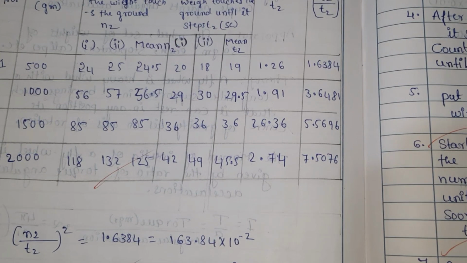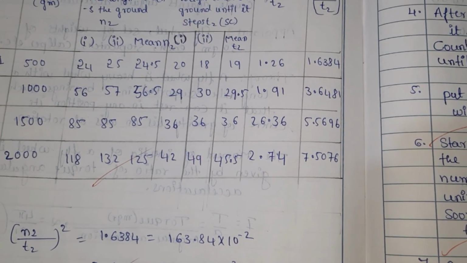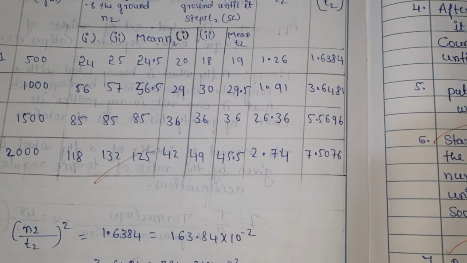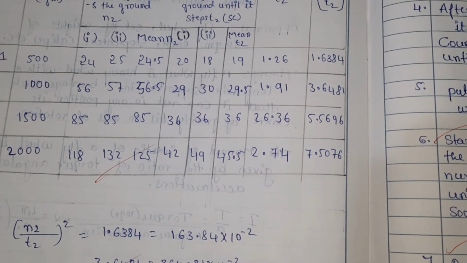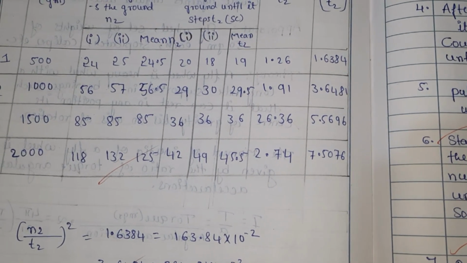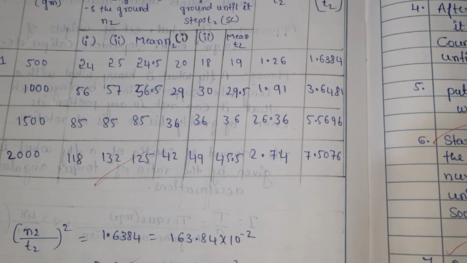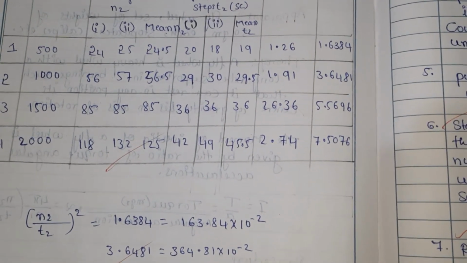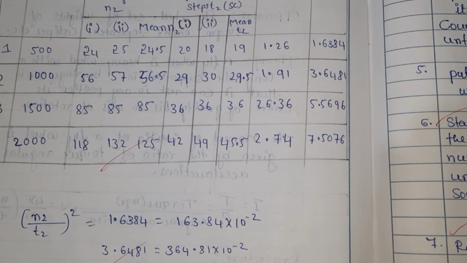Here for 24 rotations the time taken is 20 seconds. Then repeat the same procedure again and note down the second reading: 25 rotations in 18 seconds. Similarly, repeat the procedure for 1000, 1500 and 2000.